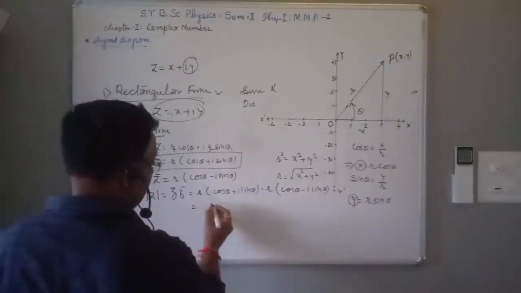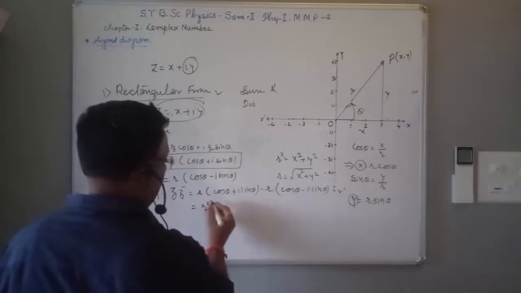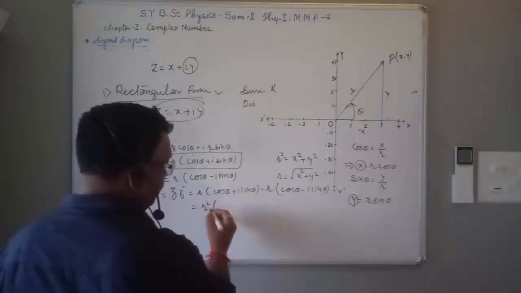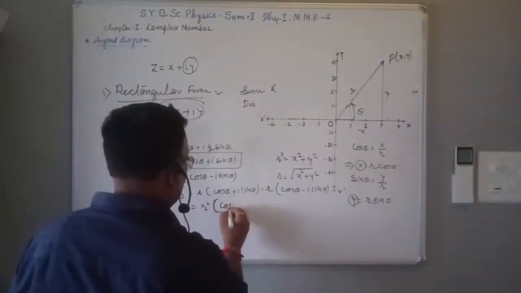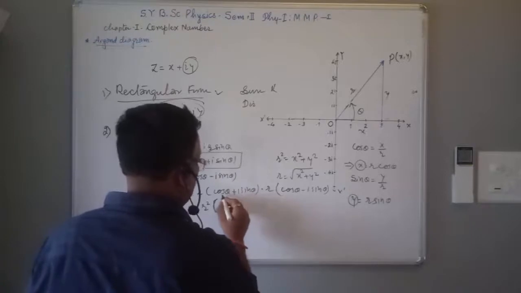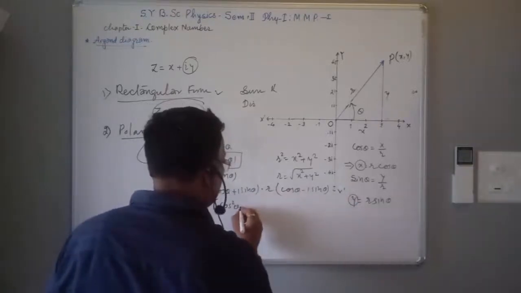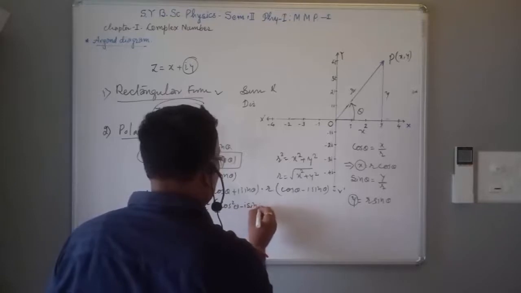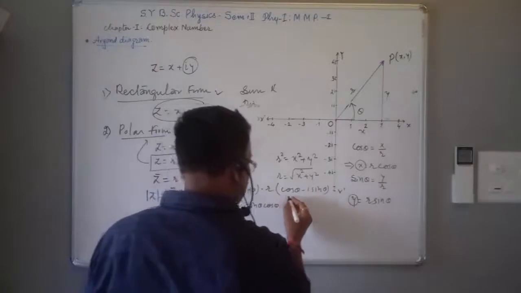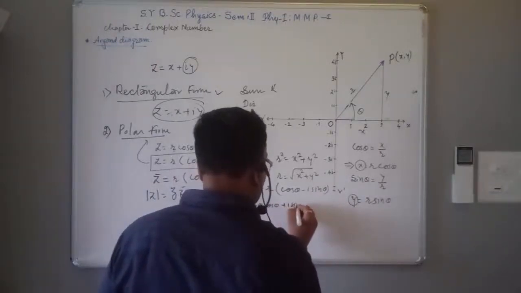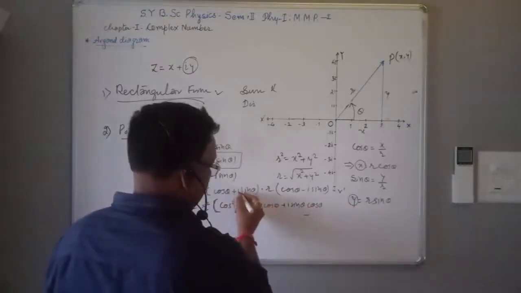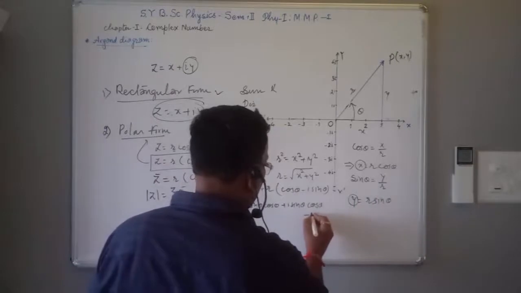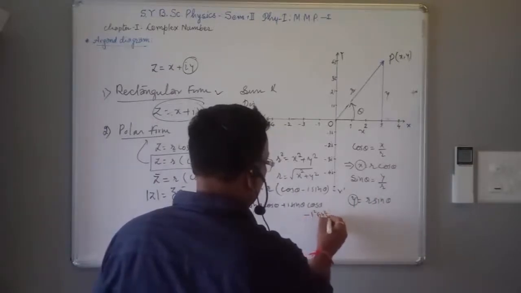Simplify this term, we get r into r, that is r square, in bracket: cos theta into cos theta is cos square theta, then cos theta into minus i sin theta is minus i sin theta cos theta, then i sin theta into cos theta is plus i sin theta cos theta, and last, i sin theta into minus i sin theta is minus i square sin square theta.